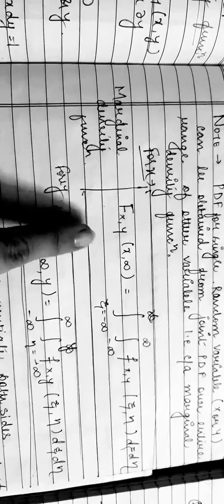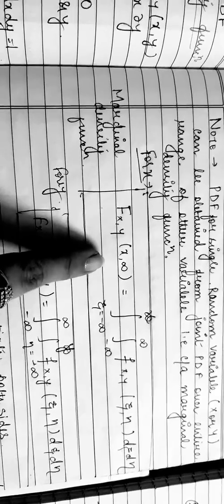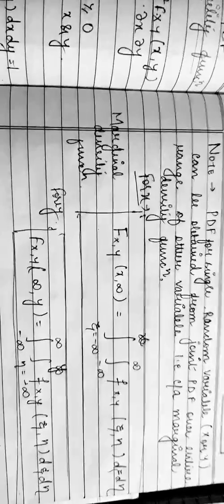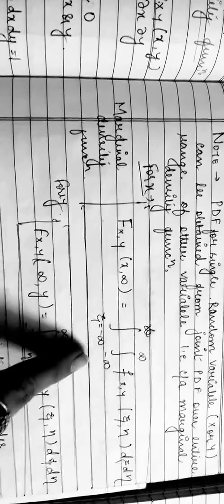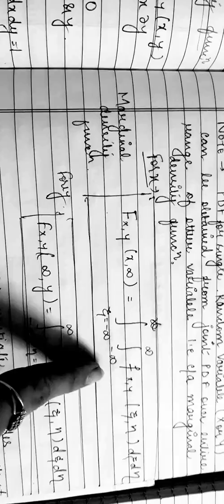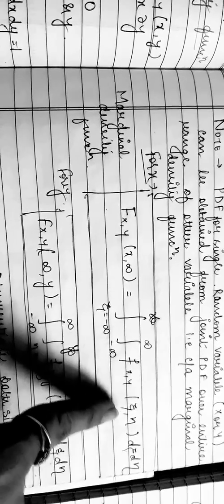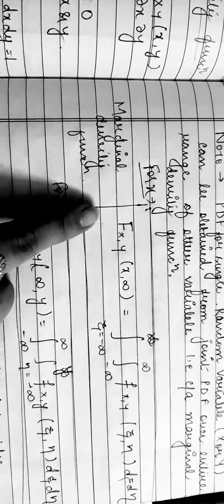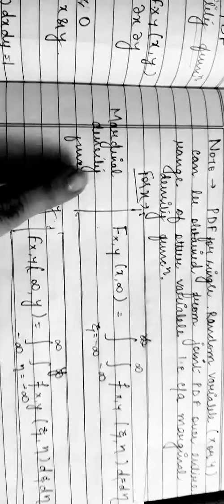So we can see over here F(x, ∞) is equal to the integral of psi from minus infinity to x and eta from minus infinity to infinity of f(psi, eta) d psi d eta. Now this F(x, ∞) represents the marginal distribution function. The same we can do for y.